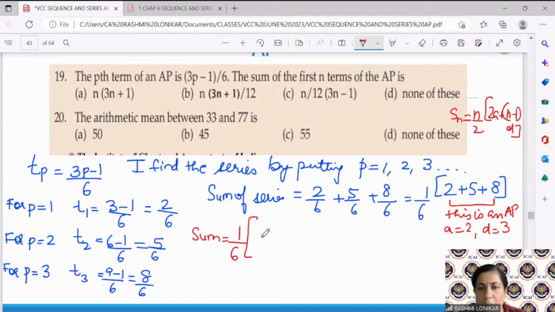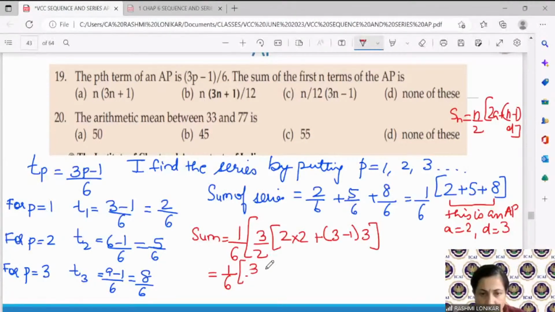Now n by 2, how much n am I taking? 3. So 3 by 2 into twice A, 2 into 2, plus n minus 1, n is 3, 3 minus 1, how much is D? 3. So this sum is 1 by 6, 3 by 2 into bracket 4 plus 3 minus 1 is 2, 2 3s are 6.